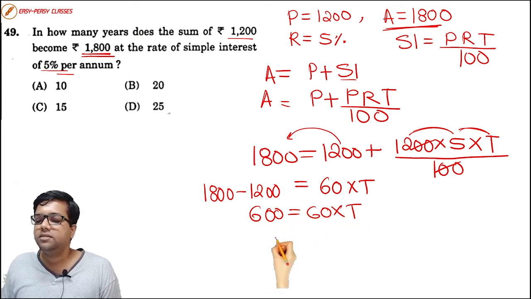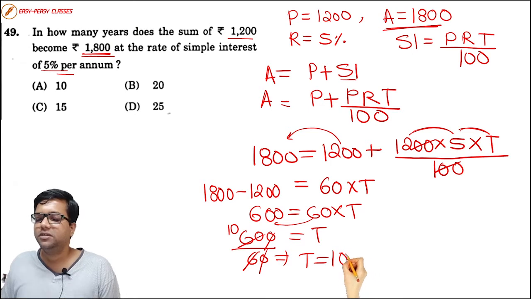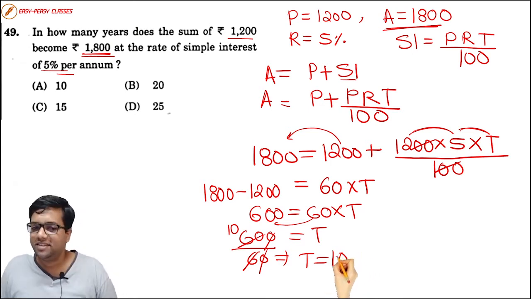So t is equal to 600 divided by 60. The 60 will come down. So 0 0 cancelled. 6 tens are 60. So this implies t is equal to 10 years.